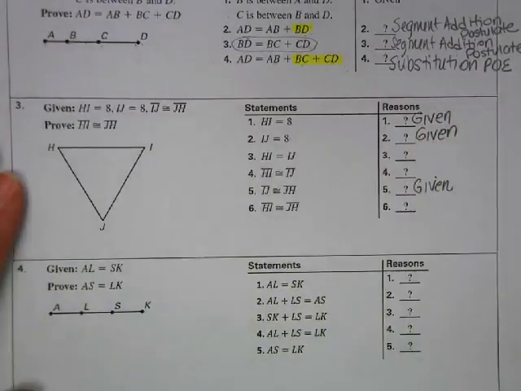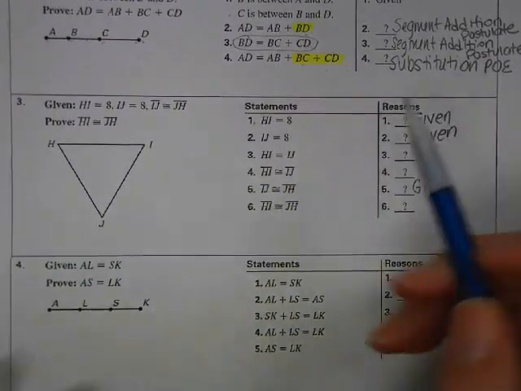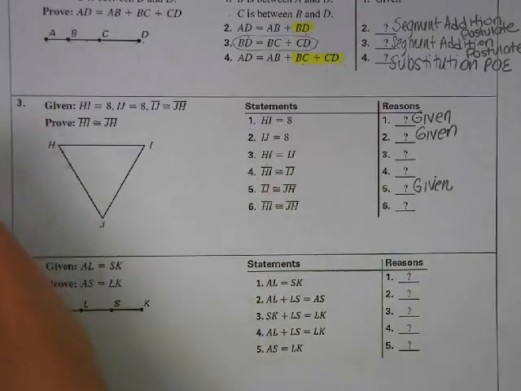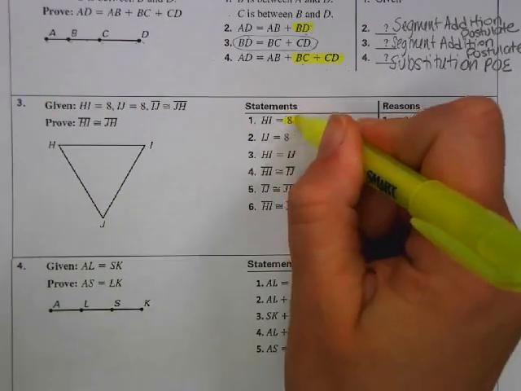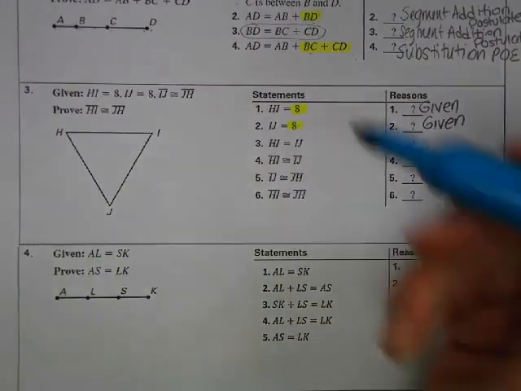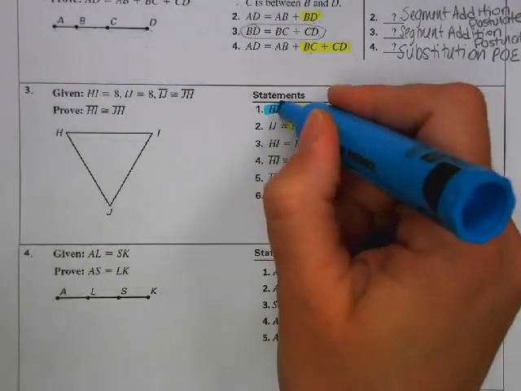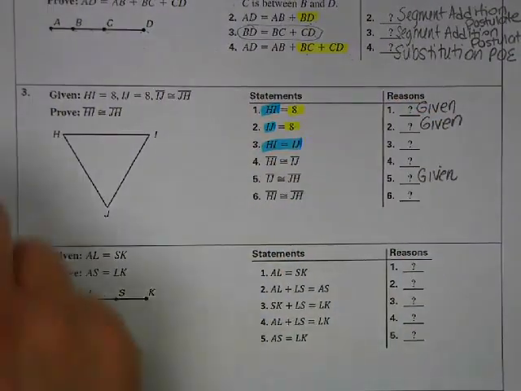So I hope that didn't trick anybody there. All right, so after the givens, we have HI is congruent to IJ. So again, both of those segments have a length of 8. So if they both have a length of 8, we can then say that they are equal to each other.